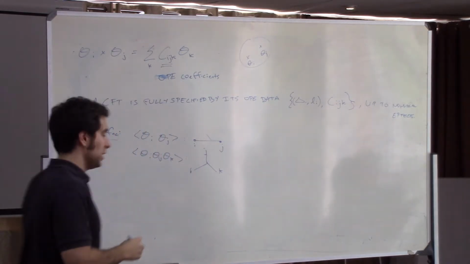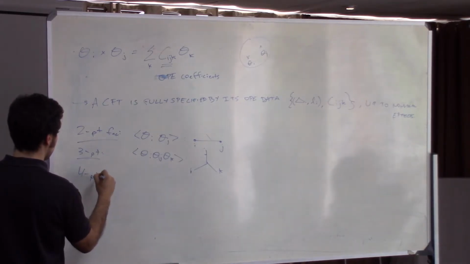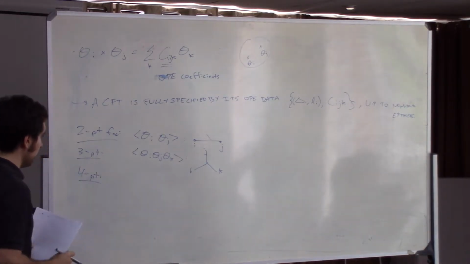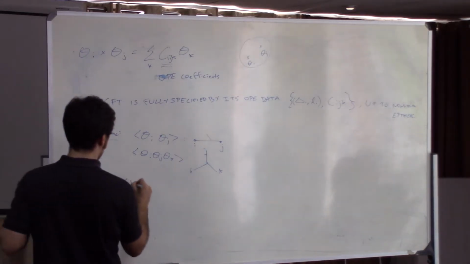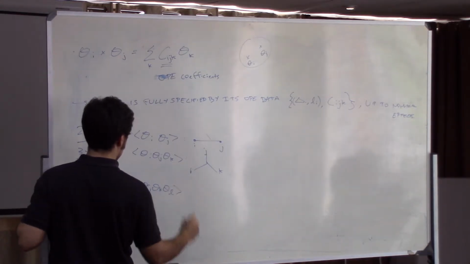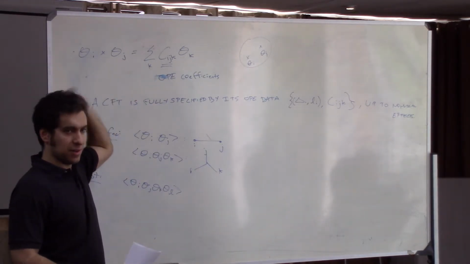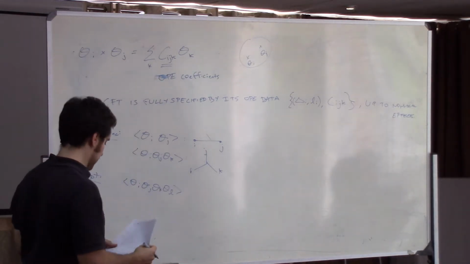Things get more interesting when you look at 4 and higher point functions. And that'll really be the subject of what comes later. After all, so far up to here we just talked about 2 and 3-point functions, namely dimensions and OPE coefficients, so what about 4-point functions?